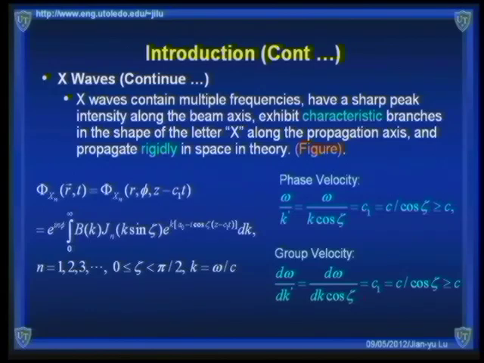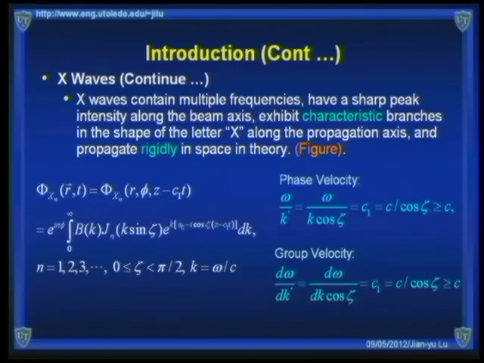This is the X wave formula. You can see the wave consists of propagation terms, which are propagation invariant. That means as the z distance increases, as well as time, this term will be fixed.